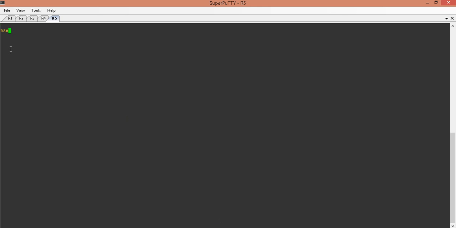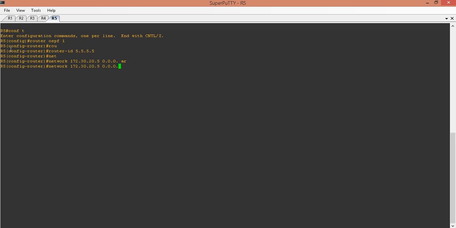Okay, global configuration mode, I go to router OSPF 1, router ID, always configure router ID first, 5.5.5.5. Okay, network 172.30.20.5 area 20.